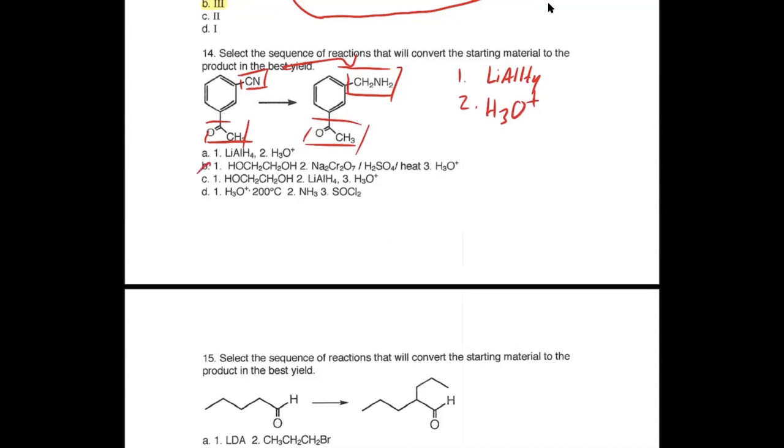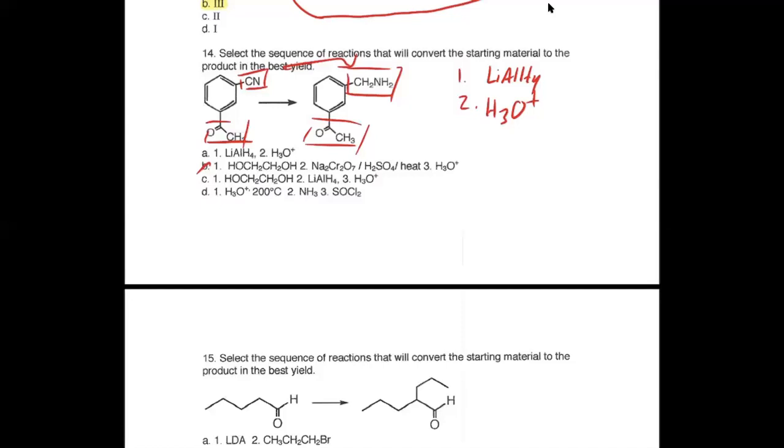The other one is taking the nitrile to a carboxylic acid and then reacting that with NH3 to create an amide.